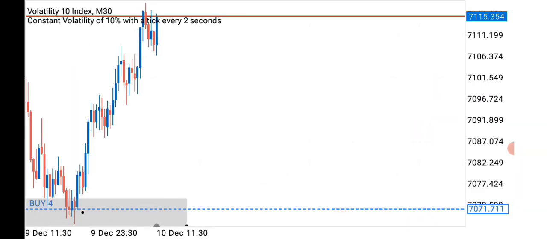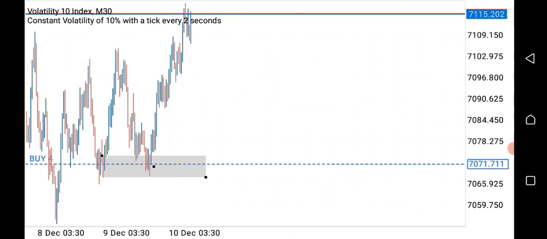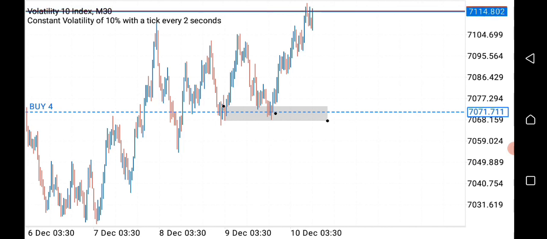So now this is a chart. First of all, as I usually say, once you come to your chart, you do your top-down analysis. Most times if you go to the higher time frame like the daily or 4 hours or weekly time frame, you see the general move, but sometimes it might look like the market is in a range.